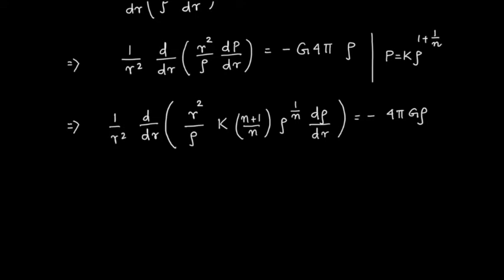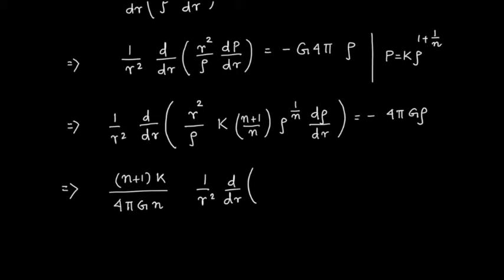Now let's collect all the constants together outside. So I have n plus 1 times K in the numerator, and in the denominator I can bring 4 pi G from the other side here, and I have n. Then I am left with all the variables: r square.